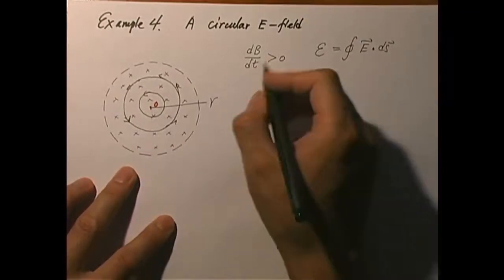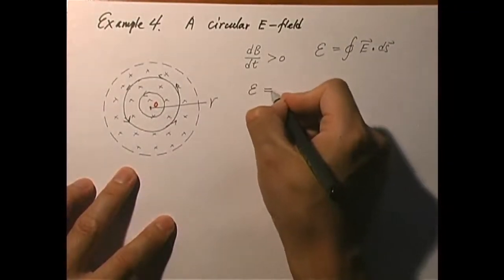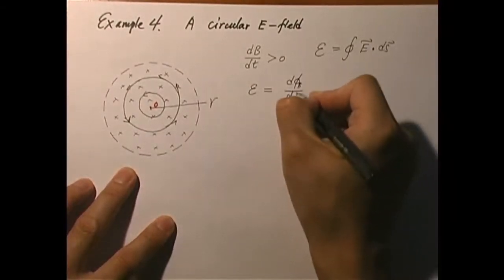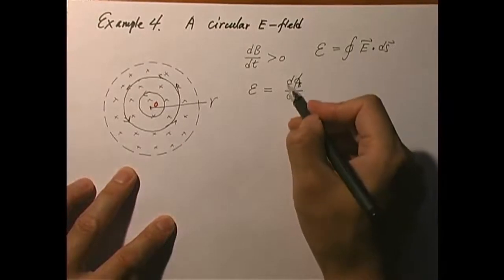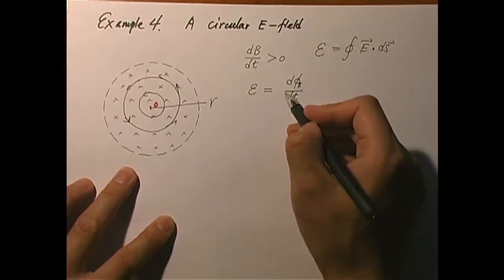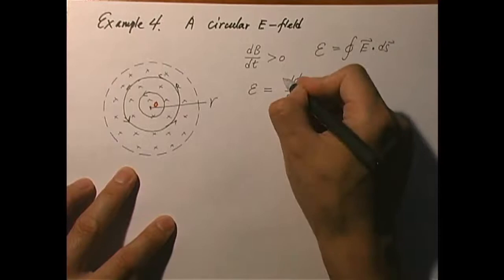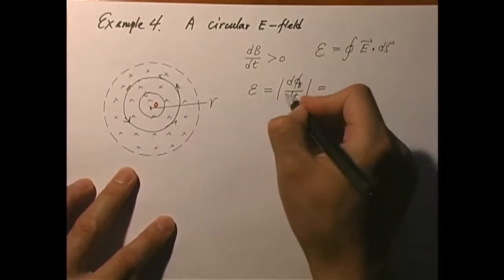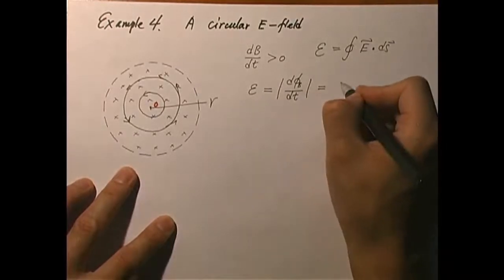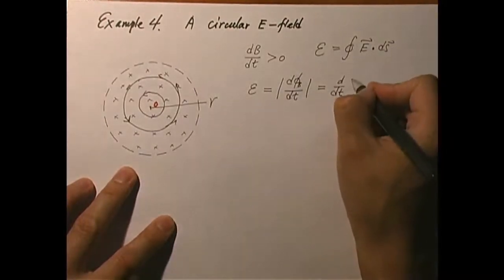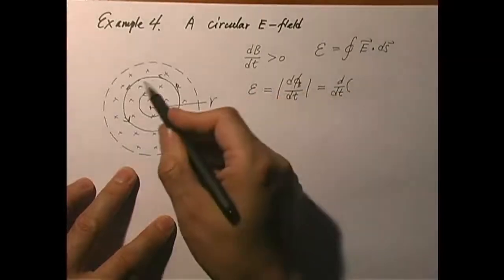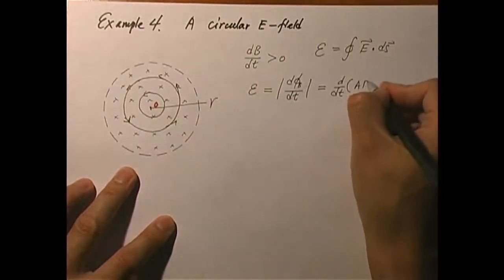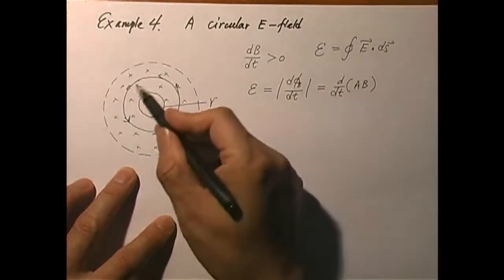First of all, epsilon equals what? dΦ/dt. We're looking at magnitude, so I'm going to ignore the negative sign here. So this really is the absolute value of epsilon. What's dΦ/dt? It's d/dt of what? The flux inside. The flux inside is just A times B. A is the area enclosed by the loop.